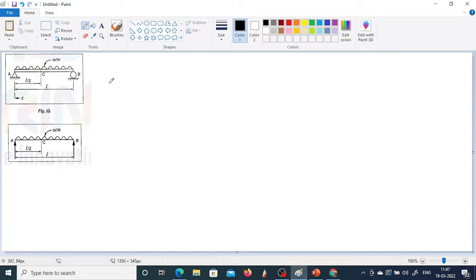The governing equation of the beam is EI d⁴y/dx⁴ minus w is equal to 0, within the limits 0 ≤ x ≤ L. Here the problem has 0 as the lowest boundary and L as the maximum boundary, so I wrote 0 ≤ x ≤ L as the boundary condition.